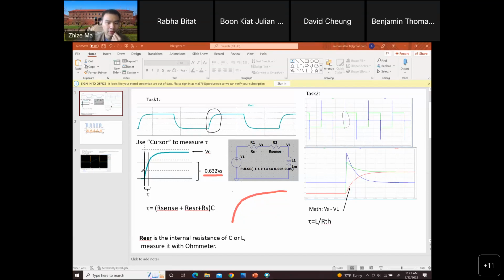After you get this plot, you may have many periods of it. You want to take only one period of the charging plot right here and zoom into this part. You want to measure the voltage from 0 to this point using the cursor.